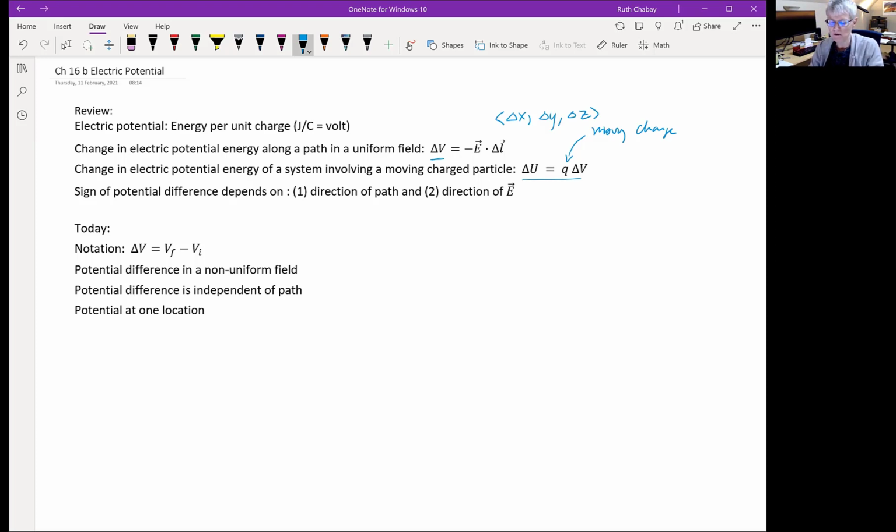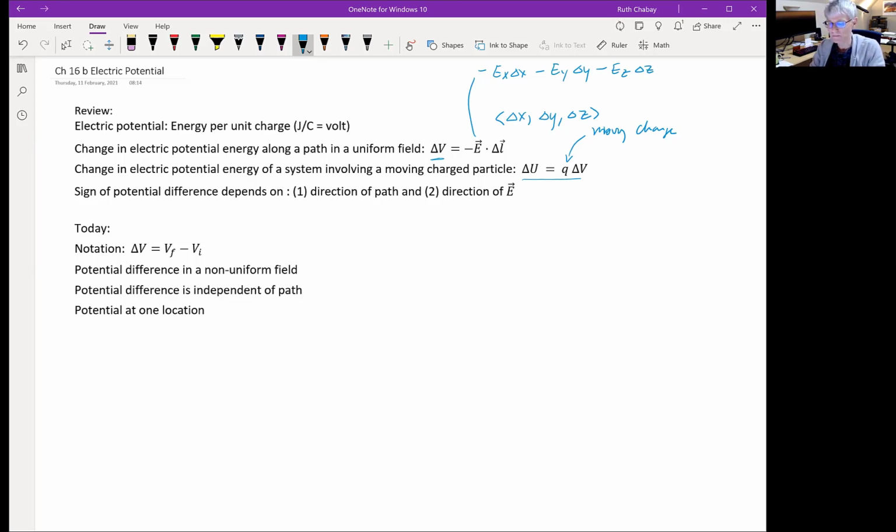This can be positive or negative depending on the sign of the potential difference and the sign of the charge. Delta V is a scalar, and it comes out to minus E_X delta X minus E_Y delta Y minus E_Z delta Z.